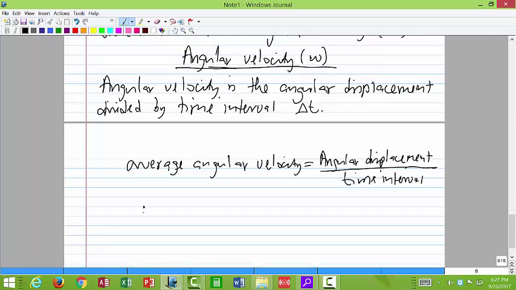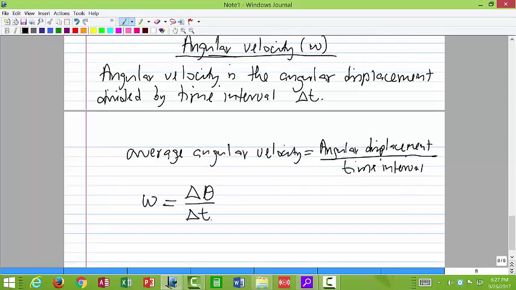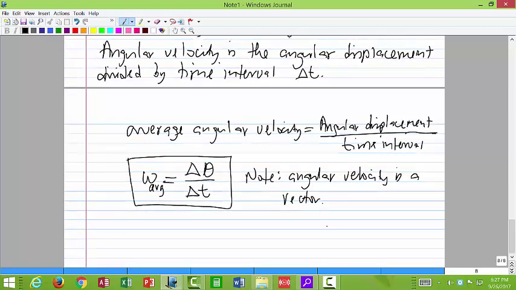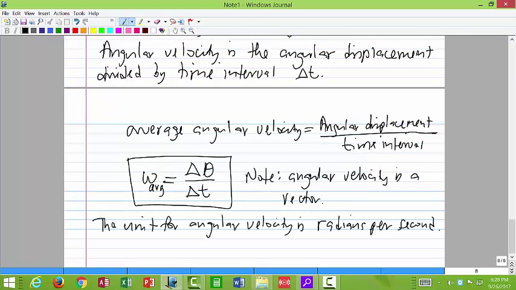The letter omega is used to represent angular velocity, and it's equal to the angular displacement delta theta over the time delta t. So this is average angular velocity. Let's put AVG there for average. Note that this is a vector, and the unit for angular velocity is going to be radians per second.